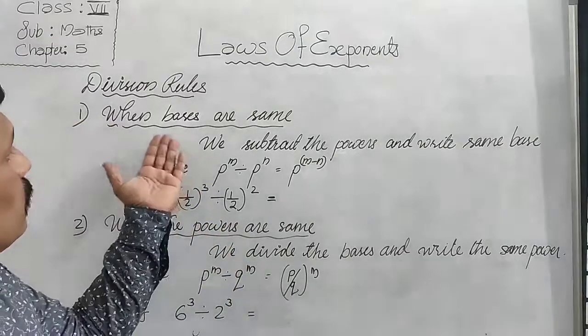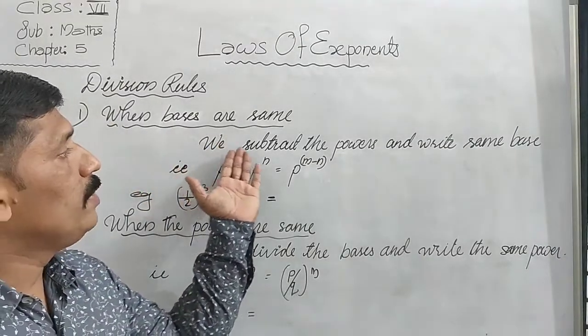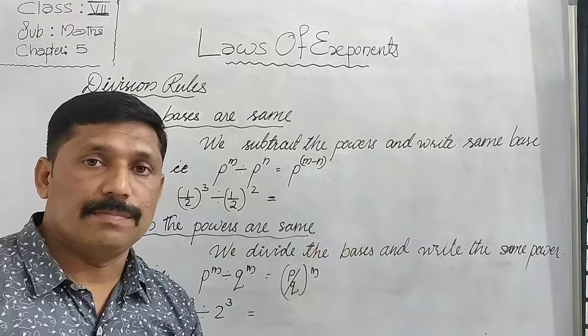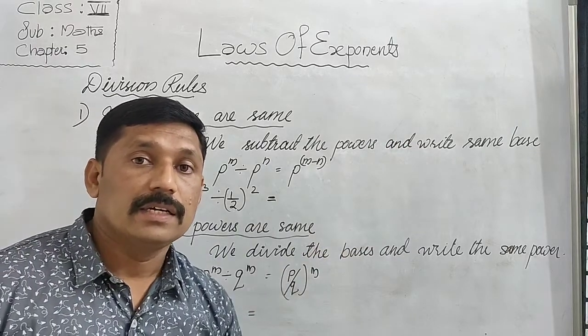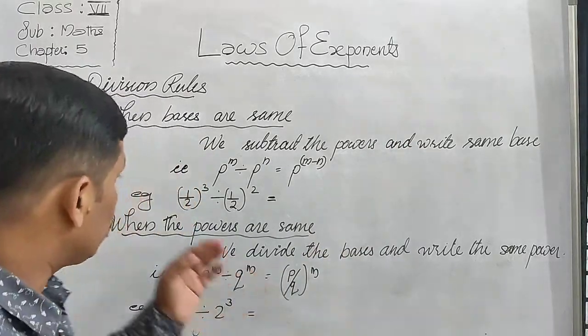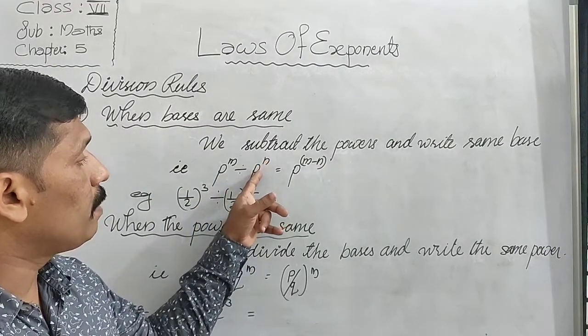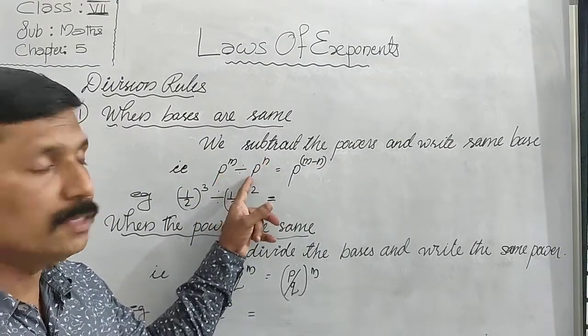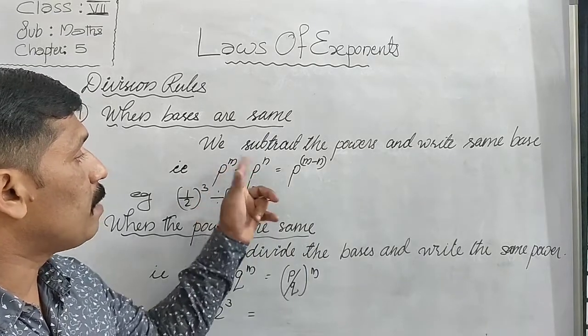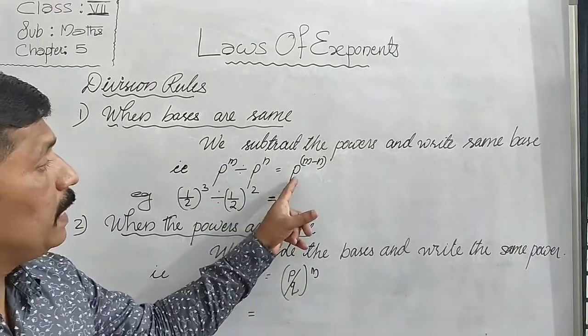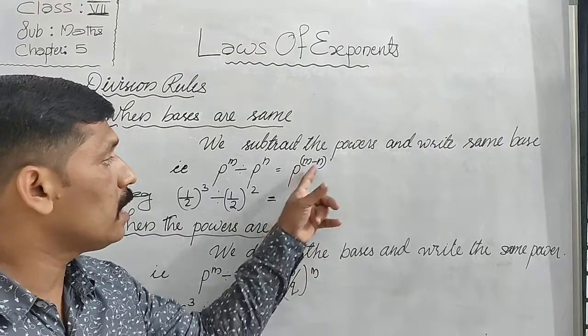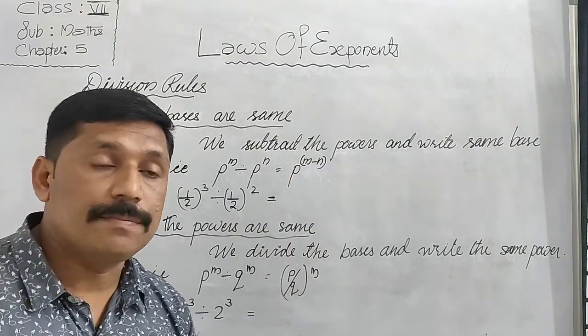But in division, when the bases are the same, we subtract the powers and write the same base. Example, p power m divided by p power n. Here the bases are the same and powers are different. At that time, p power m minus n. We subtract the powers and write the same base.